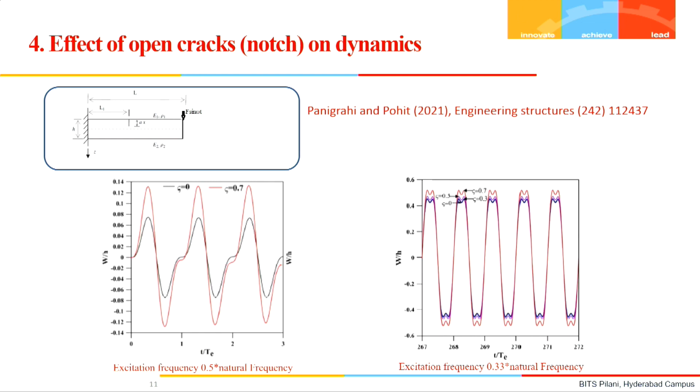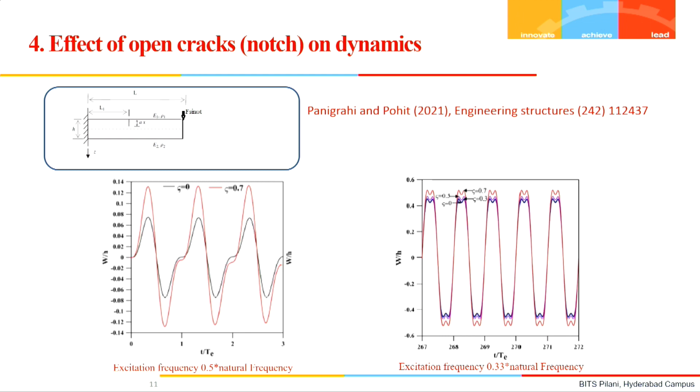Now, if we talk about some nonlinear attributes, when we model it nonlinearly, because nonlinearity is inherent, we cannot avoid it. We are now talking about the effect of the cracks on the nonlinear vibration behavior, and for that we are exciting the beam with one crack with a harmonic excitation, F sin omega t.